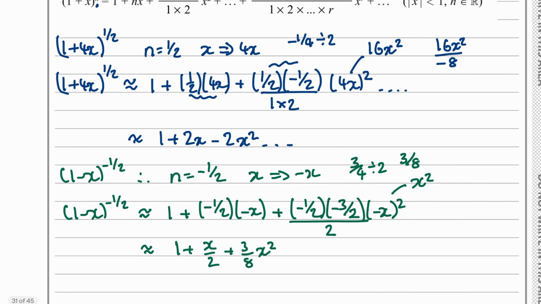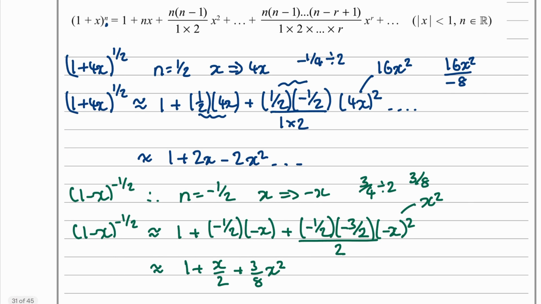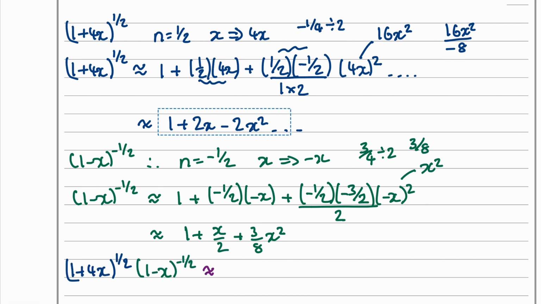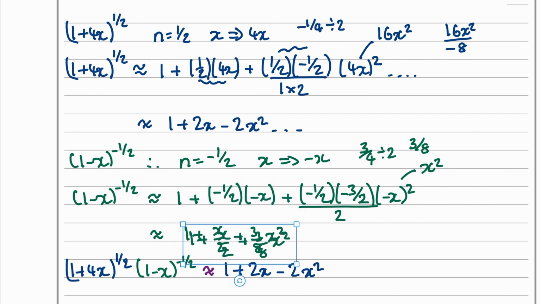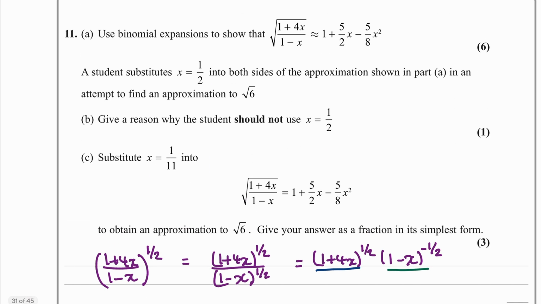If we go back to the question, we multiplied these two together. So we need to multiply their expansions together. So we'll have the 1 plus 4x to the half multiplied by the 1 minus x to the negative 1/2. And I'm just going to write each of these in brackets. And remember in the question, we only want up to the x squared term.